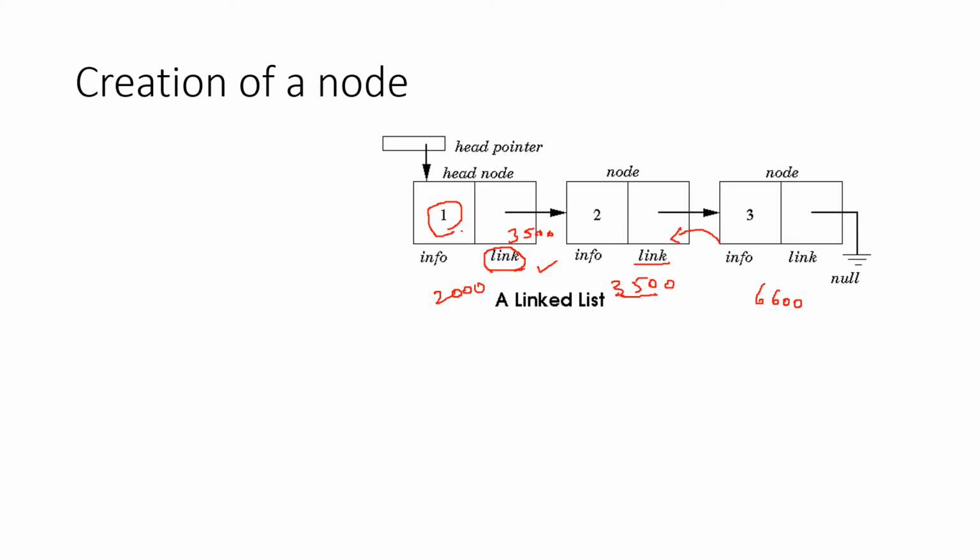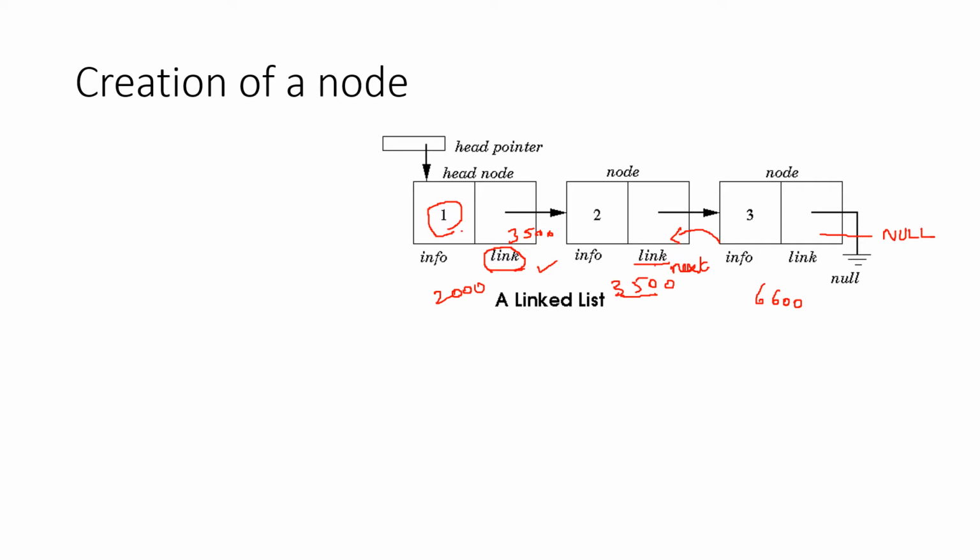That's why it can otherwise be called a next field also. But if you take the link of the last node, it would be null only, because there is no other node next to it. That's why the link field of the last node will be null only.